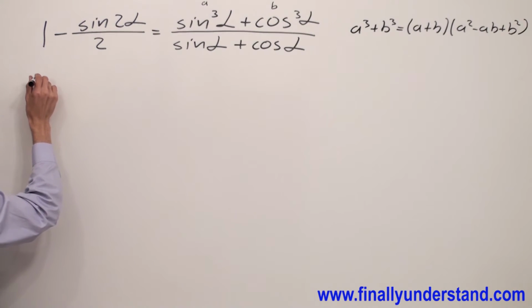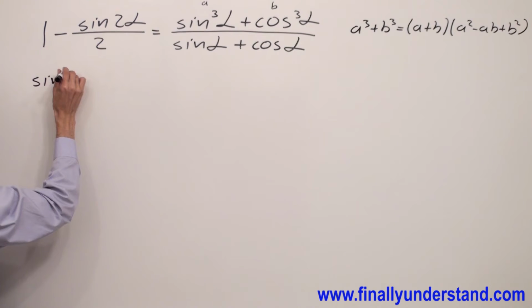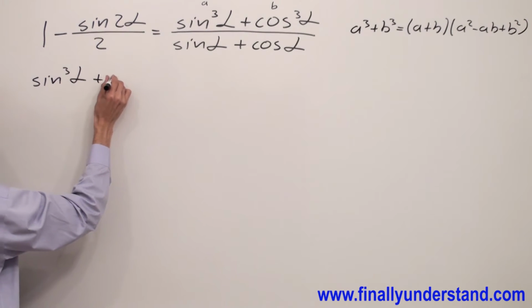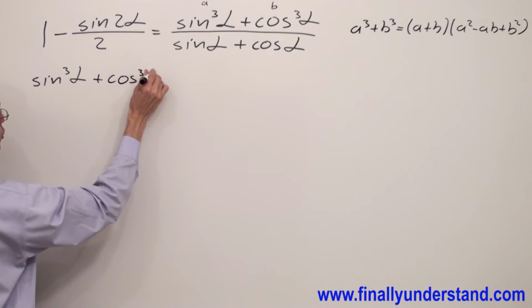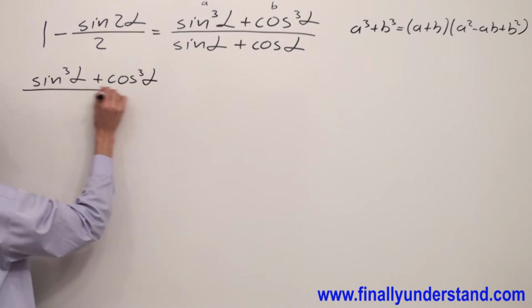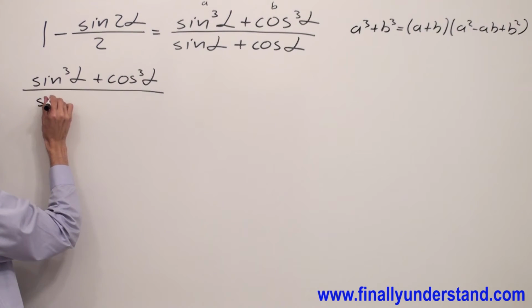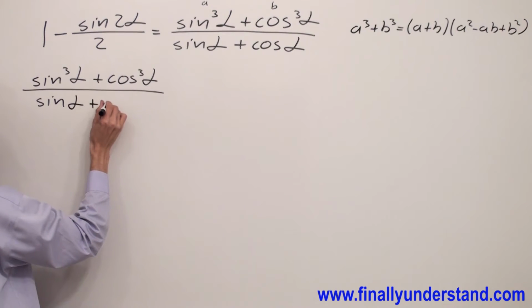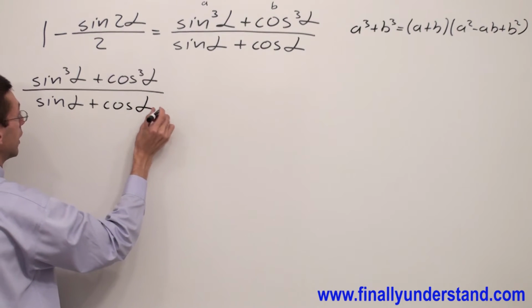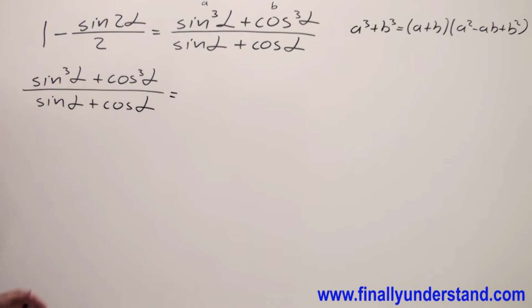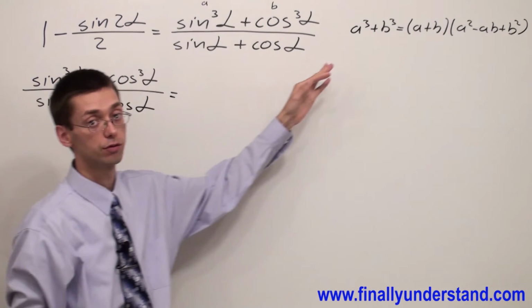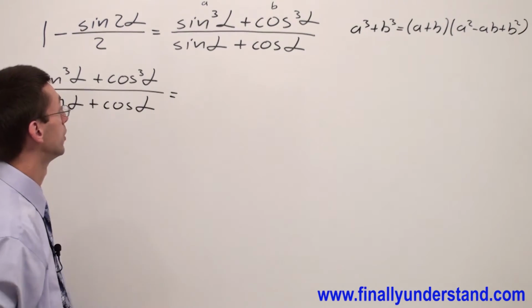I have sine cubed alpha plus cosine cubed alpha over sine alpha plus cosine alpha. As I said, we're supposed to apply this formula to the numerator.